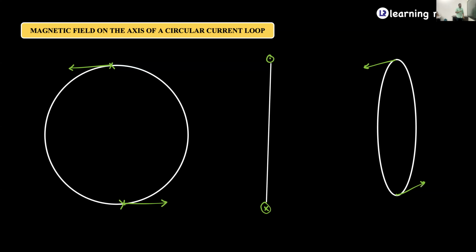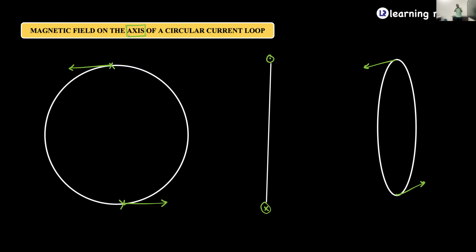Okay. Next, we need to understand the word axis. What do I mean by the axis of a circular current carrying loop? If I look at this shape, the center is here. From the center, if I draw an imaginary line perpendicular to the plane of the loop, then this yellow color line is what is going to be called the axis.